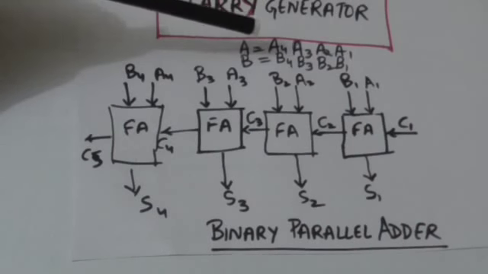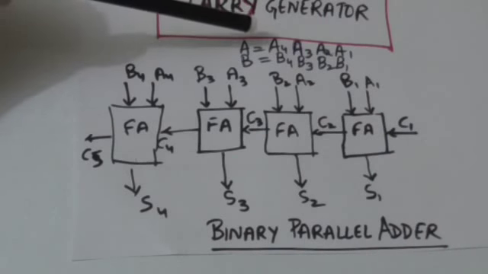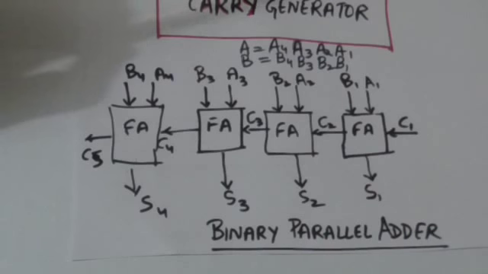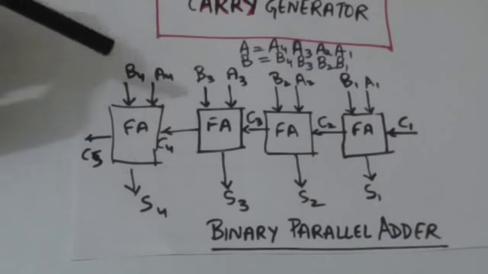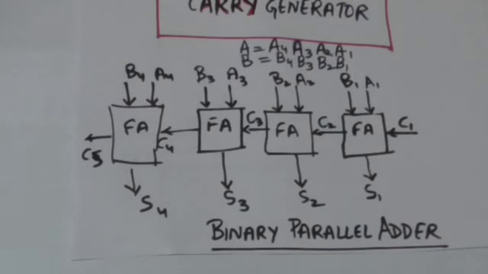These two binary numbers are 4-bit binary numbers, so we need a 4-bit binary parallel adder to add these two numbers. A 4-bit binary parallel adder will consist of 4 full adders, and they will be connected in cascade.